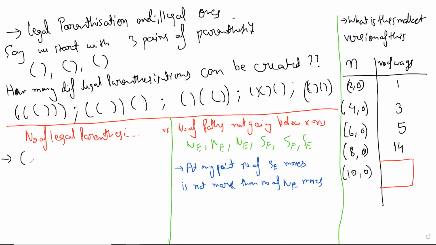Here, when you have 3 parentheses open and 3 closed, what is the key to getting a legal parenthesization? Similar to what we already have written for number of paths.